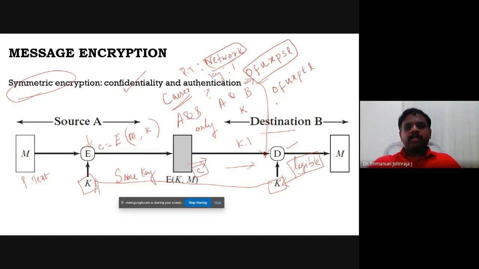You will get N E T W O. You will not get R. What will you get? Forgive me if it is wrong. I do not know whether a word exists like this, whether it's a good word or a bad word. Forgive me if it is. So you get a word like this when you are decrypting this message. Now the receiver B gets a message like this: NETWOSK.